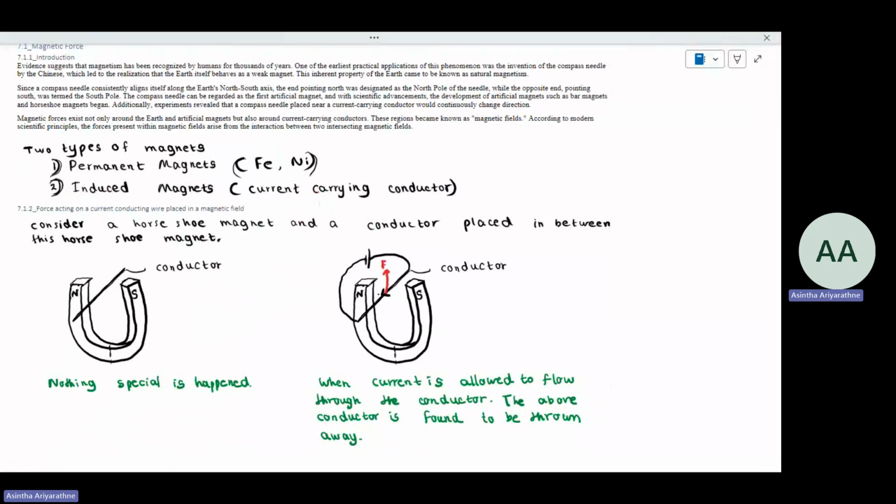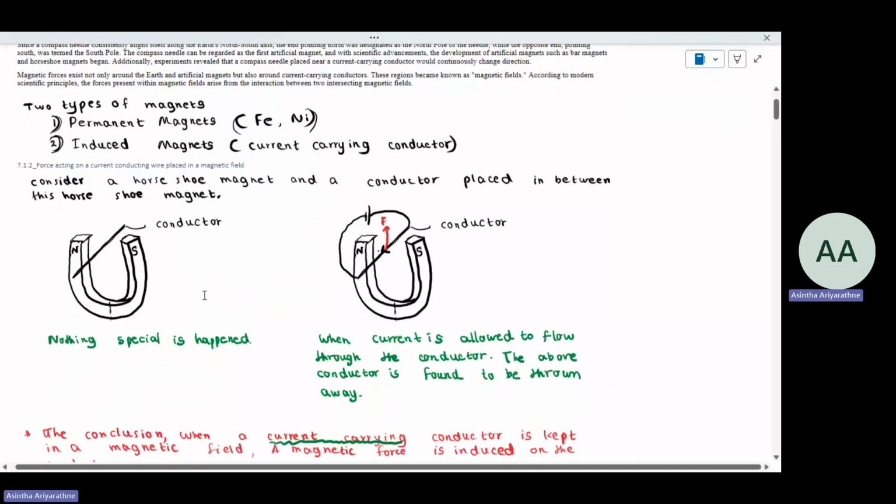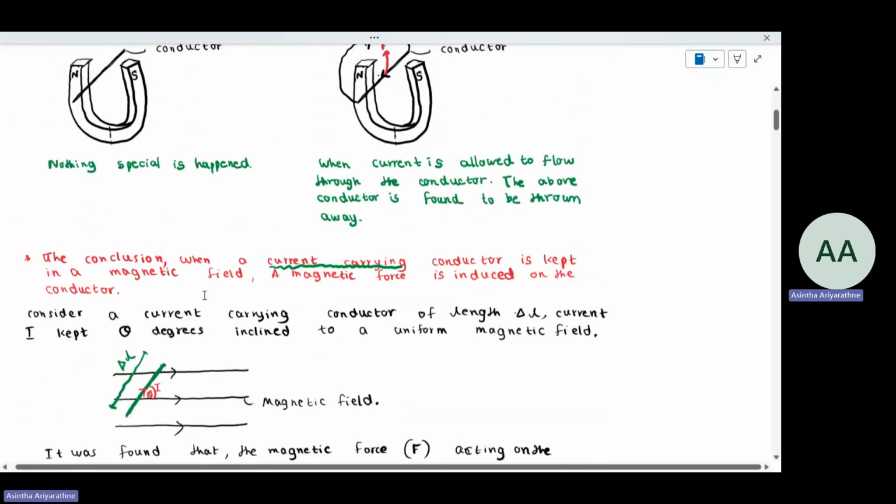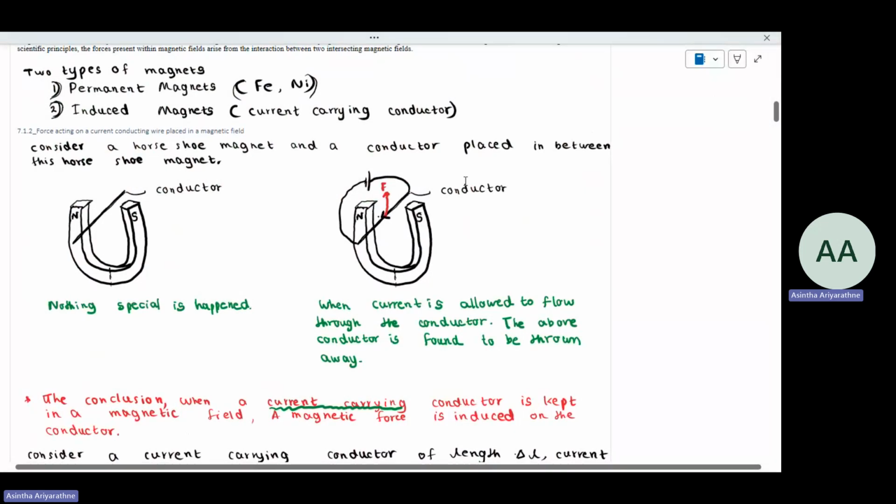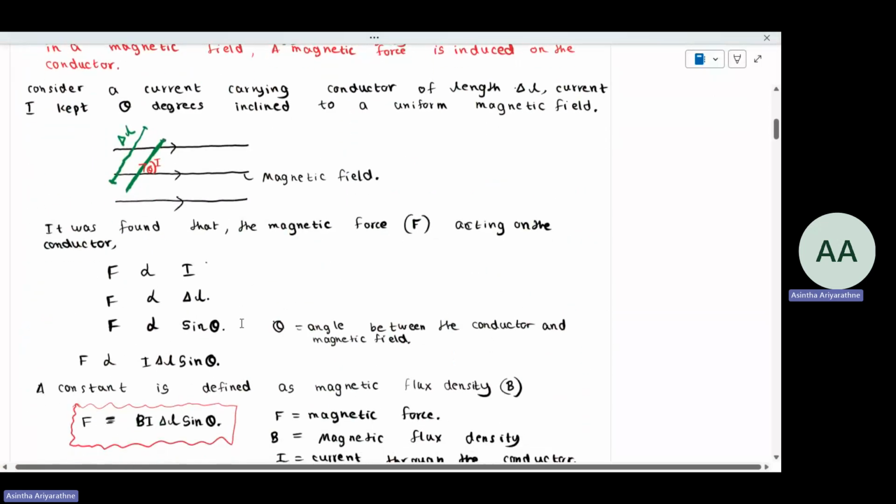Whereas the permanent magnet's magnetic property we can consider as permanent, but if the permanent magnet is heated, the magnetic property is lost. Then by experiments, it was found that when a current carrying conductor is kept close to another magnetic field, the current carrying conductor would be thrown away.